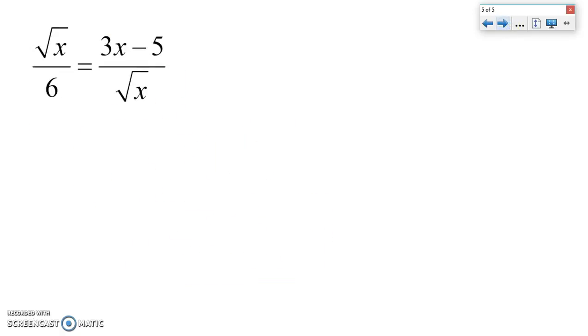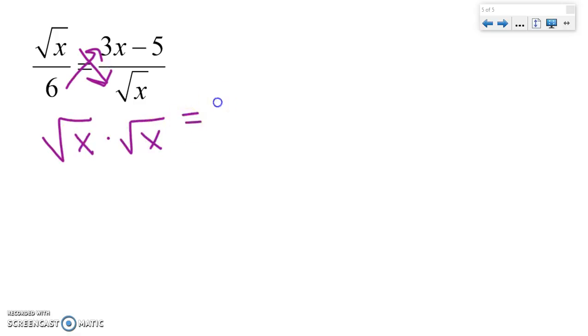Last question. Now you'll notice that there is a square root in the numerator and a square root in the denominator. So in this case, when I cross multiply here, I'm going to have the square root of x times the square root of x. That's going to be equal to 6 times 3x minus 5.